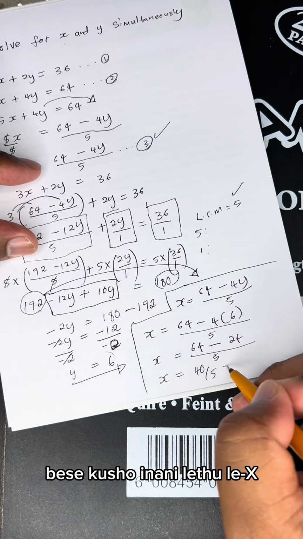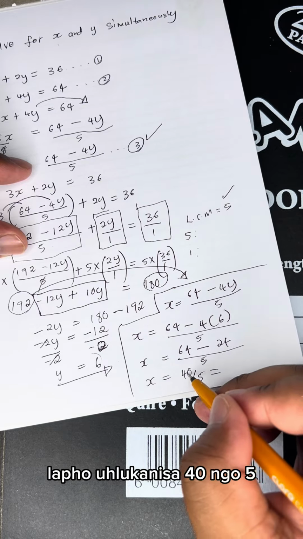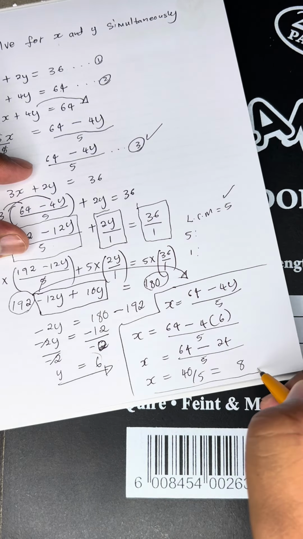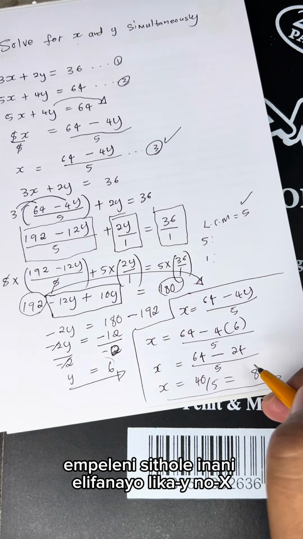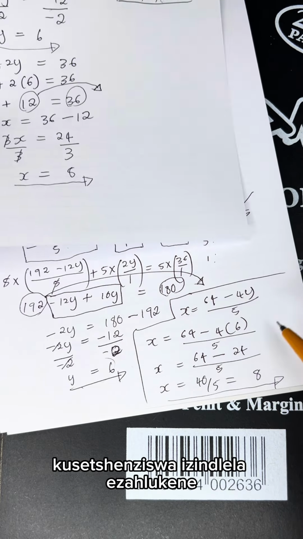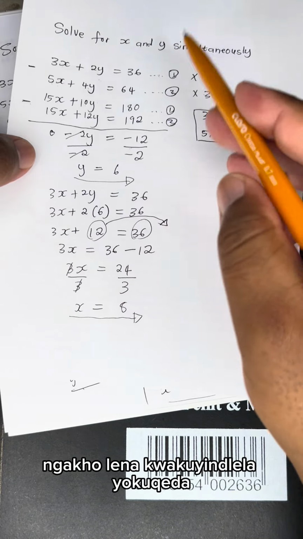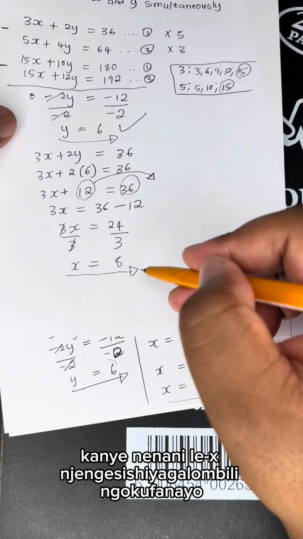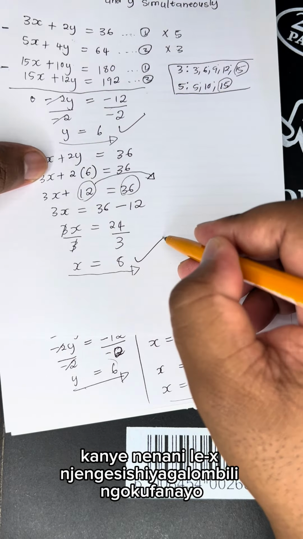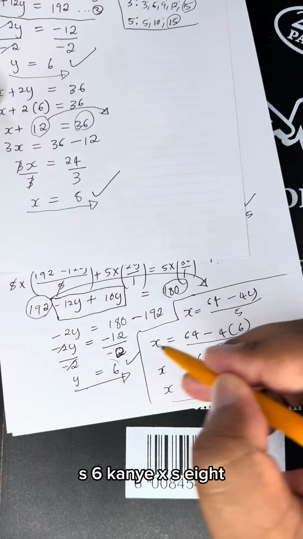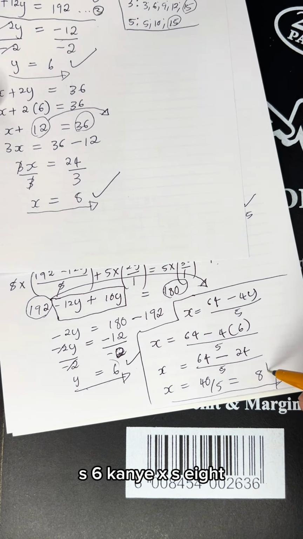And then meaning our value of x, when you divide 40 by 5, it will actually give us 8. Remember that we actually found the same value of y and x using different methods. So this was the elimination method where we got the value of y as 6 and the value of x as 8. Similarly, when we use the substitution method, we found y as 6 and x as 8.